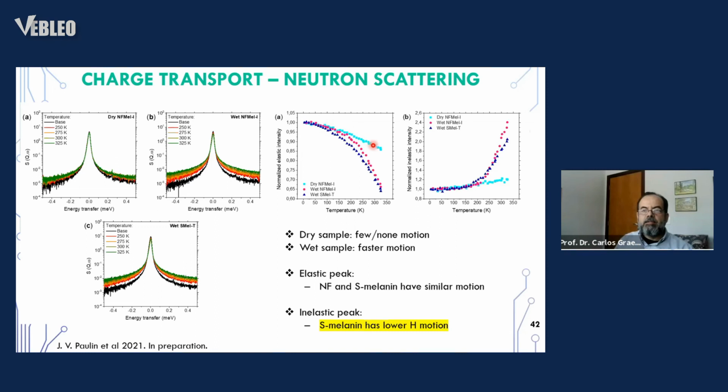Here is the dry hydrogen melanin. Here is hydrated. You can see that the movement of ions is much higher, which indicates that really ionic conductivity plays a role. And for the S-melanin, these values are lower, in good agreement with what we have seen from the transport data. So S-melanin is probably less susceptible to ions.